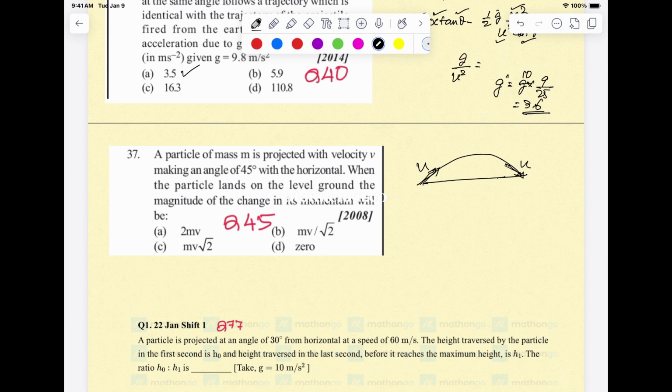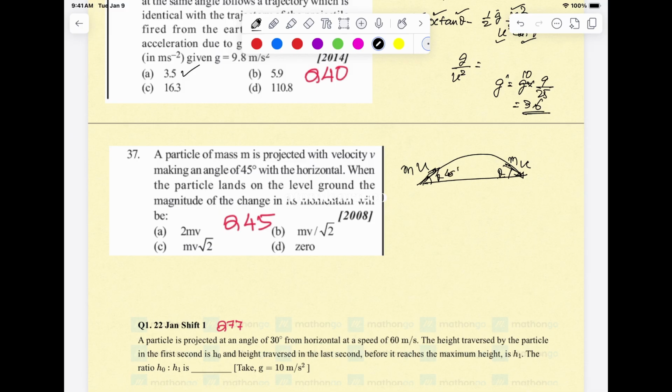Therefore now the change in momentum. What is the momentum? Initially it is mu. This also is mu, but the angle theta remains the same. Theta is given as 45 degrees, right?